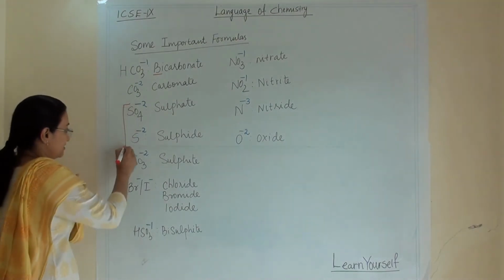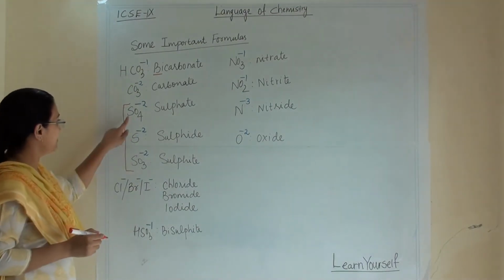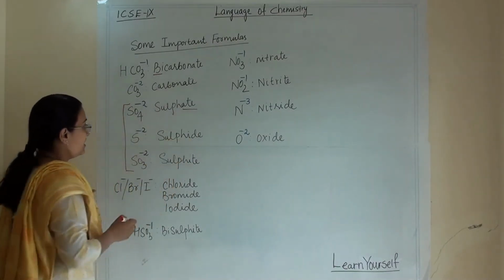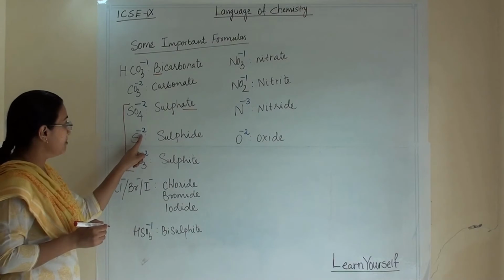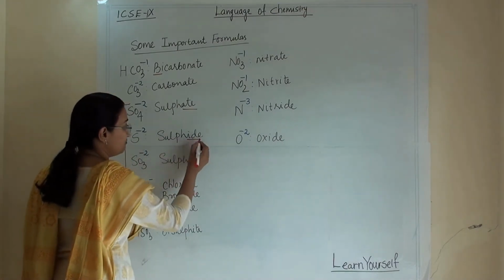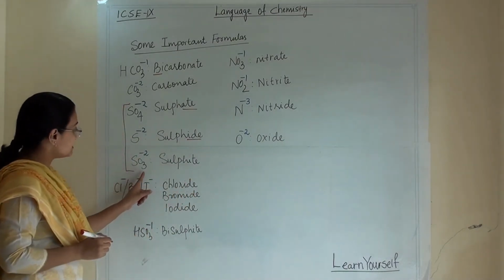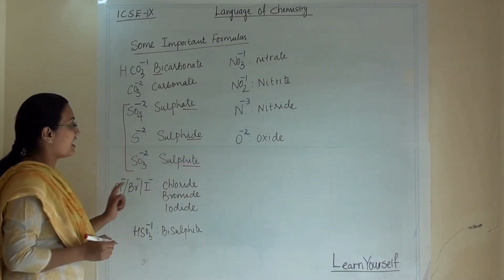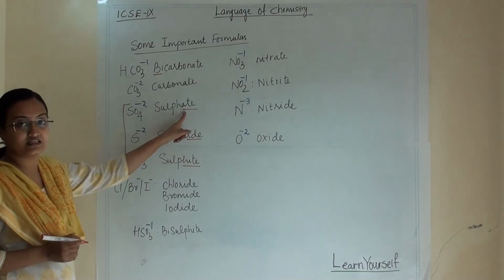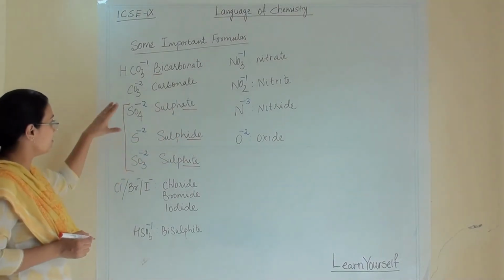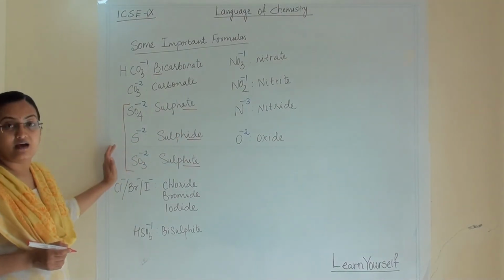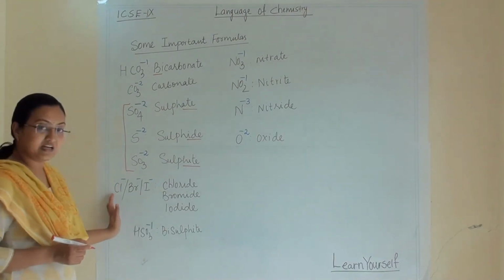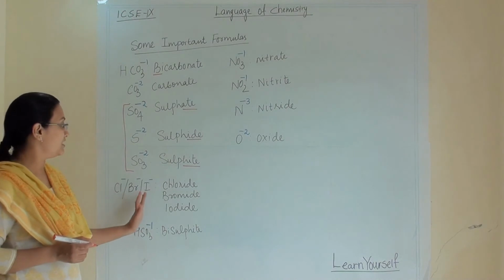For sulfur, we have three. If it is SO4, then it is sulfate. When it is S-2, it is sulfide. When it is SO3, it is sulfite. ITE, IDE and ATE: you have to remember this, and all of these have -2 valency. Now these are halides: chlorine, bromine, iodine.